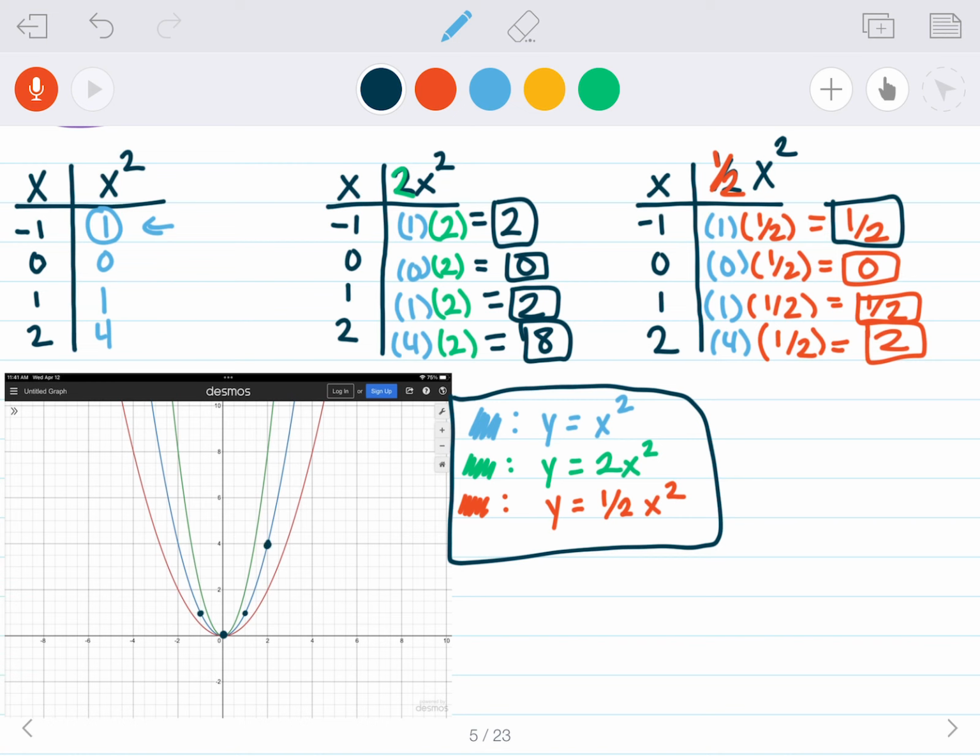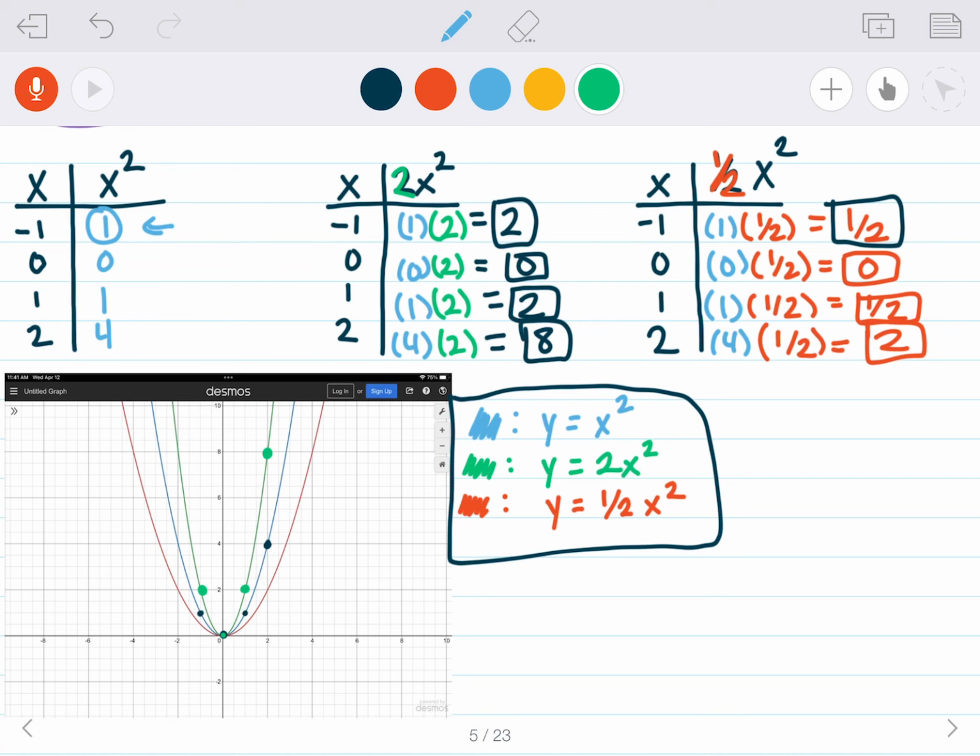So those are our basic 4 points on our parent, and let's see how they're moving in the green. So with the green we have -1, 2, 0, 0, 1, 2, 2, 8.